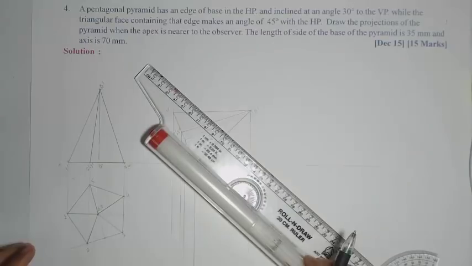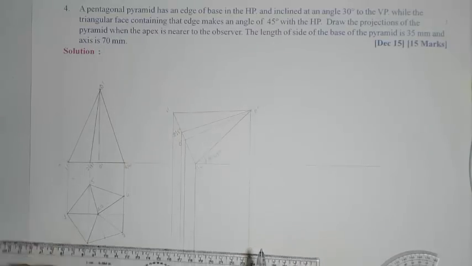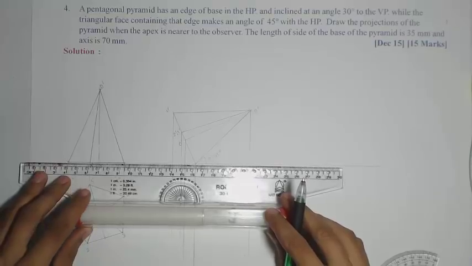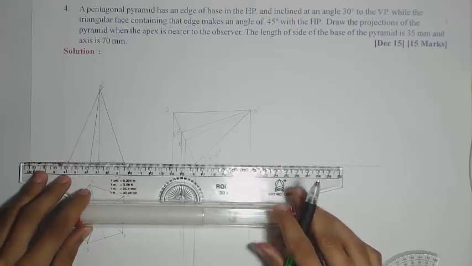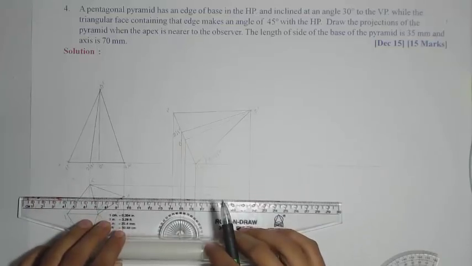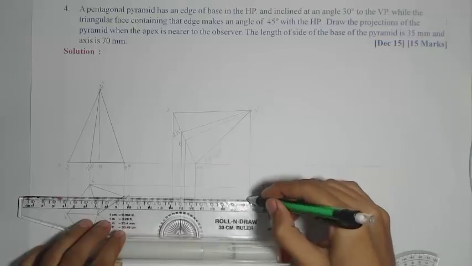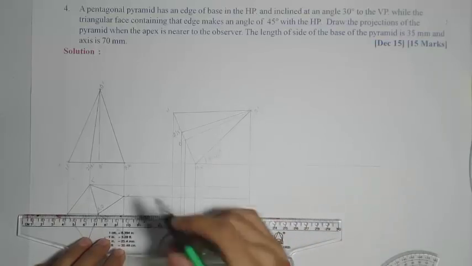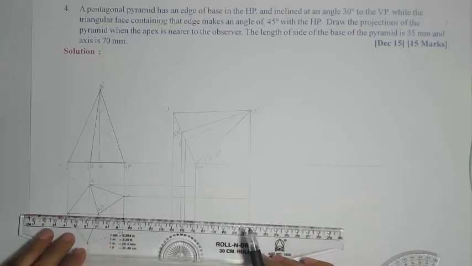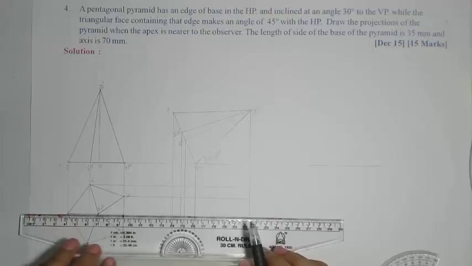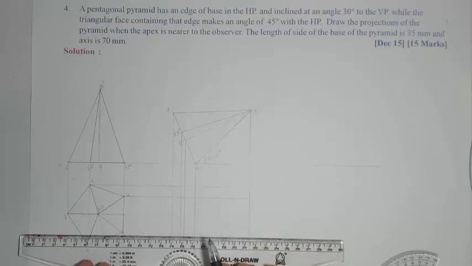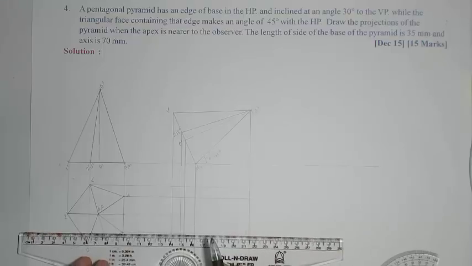Now we have to draw the projectors from the top view also, parallel to the XY line. Three dash and finally 4 dash.